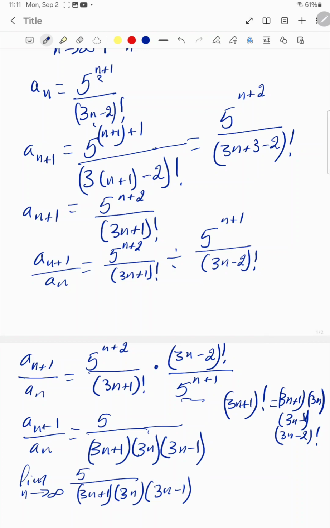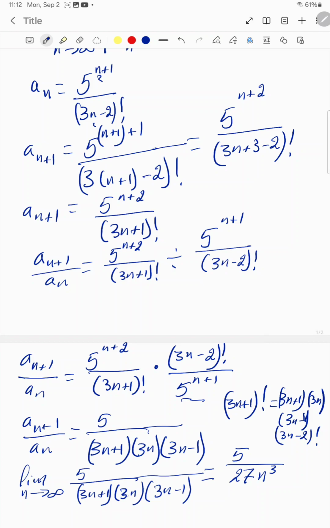And when n goes to infinity, let's do it in a better way. So it becomes 5, and 3 times 3 is 9, times 3 is 27, and it becomes 27n to the power of 3.